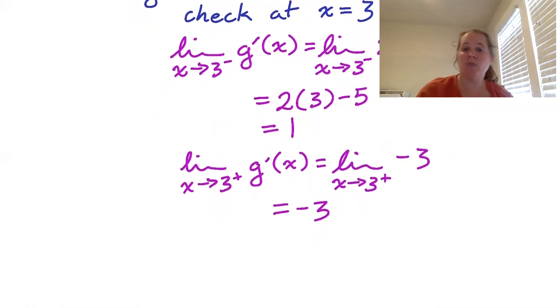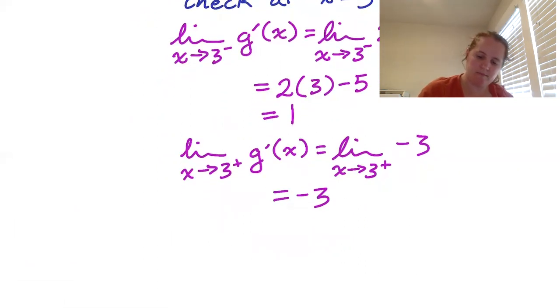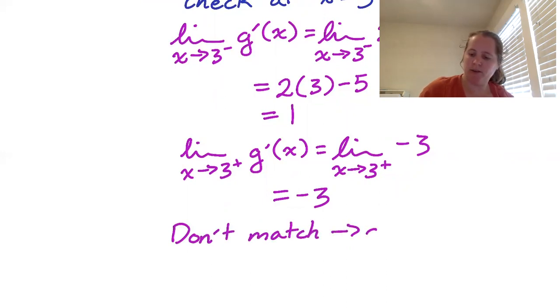Since these don't match, we get that g prime of 3 is undefined.